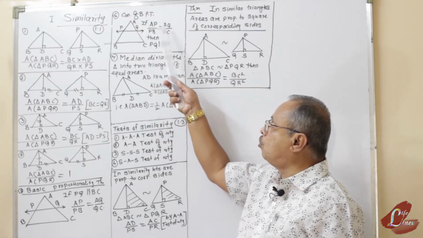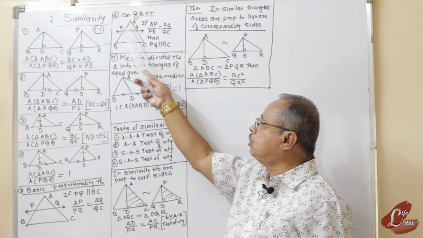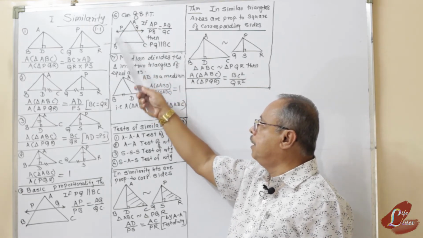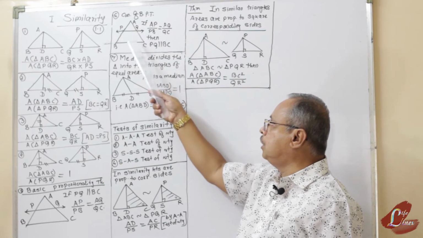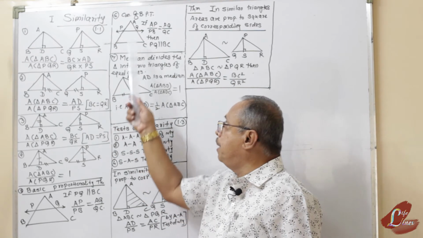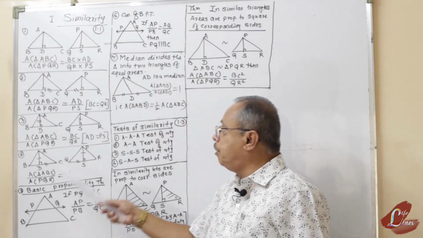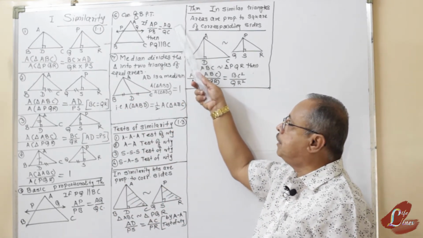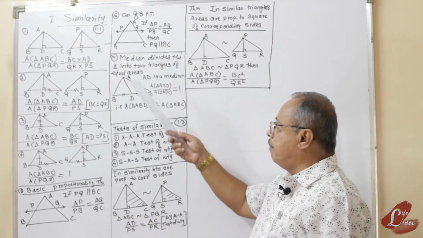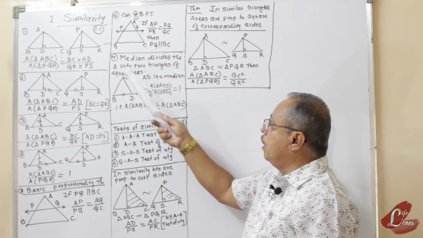Converse of basic proportionality theorem: when ratios are equal, the lines are parallel. That is, if AP upon PB is equal to AQ upon QC, then PQ is parallel to BC. Examples which are based on basic proportionality and converse of basic proportionality are there in our example 1.2.